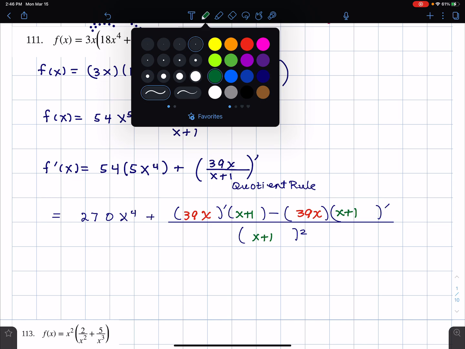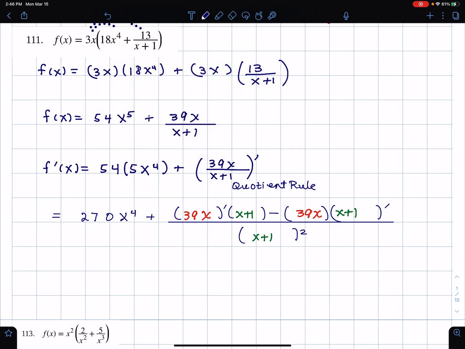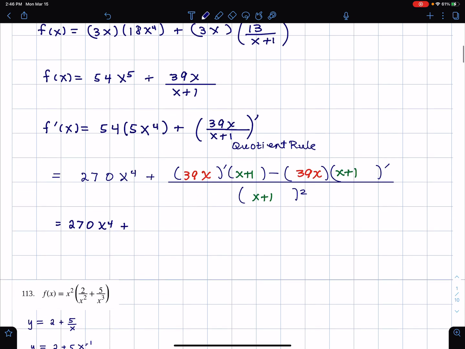So this gives me, again, the 270x to the 4th. That's just already done. The derivative of 39x is 39 because the derivative of x is 1. The derivative of x plus 1 is the derivative of x, which is 1, and the derivative of 1, which is 0.